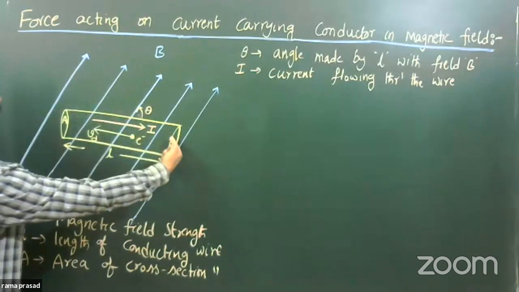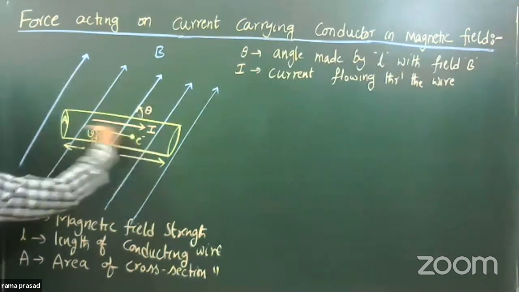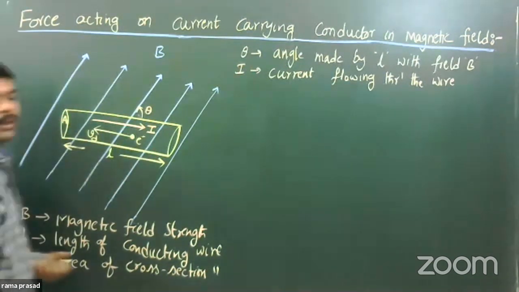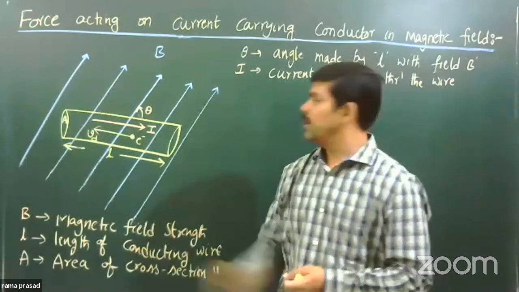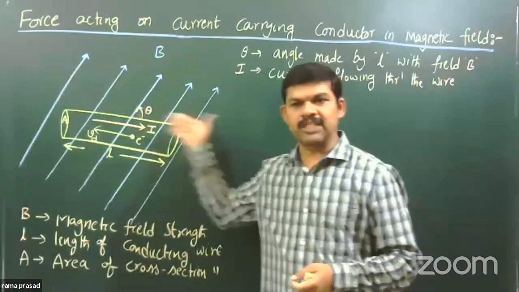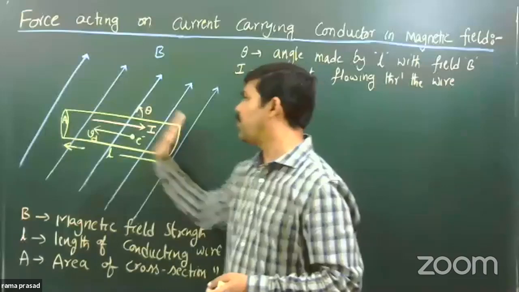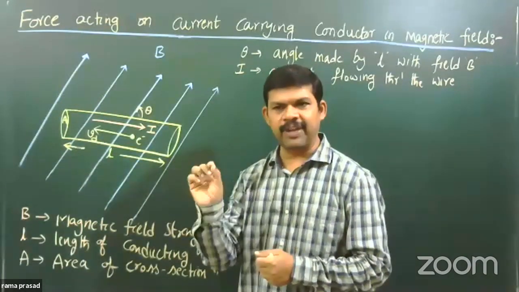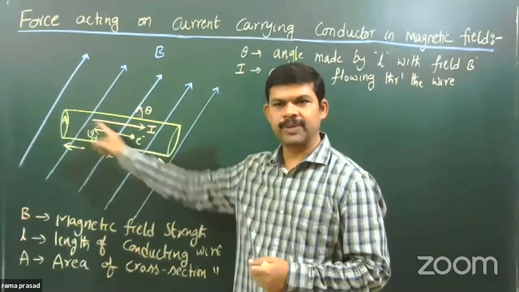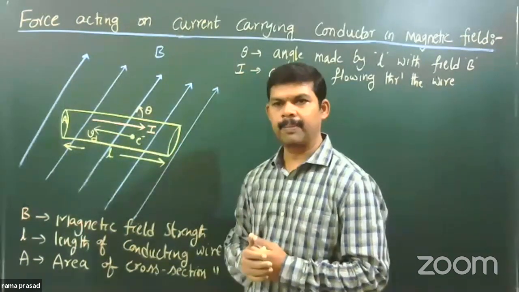Each electron is moving from this end to this end with a velocity Vd. Some number of electrons flow from one end to the other end. Each and every electron is in motion with velocity Vd.